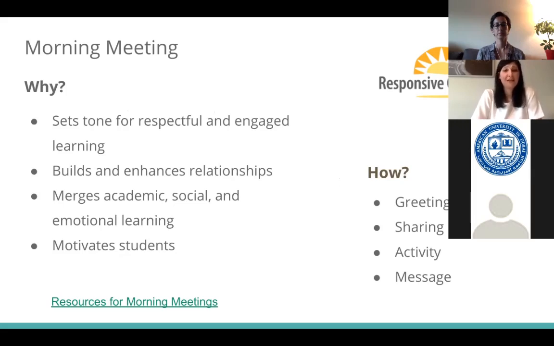It builds and enhances relationships and connections among students, and also supports student-teacher relationships. It merges academics, social and emotional learning in a very easy way, and it motivates the students by addressing their need to belong, to feel significant, and to have fun.